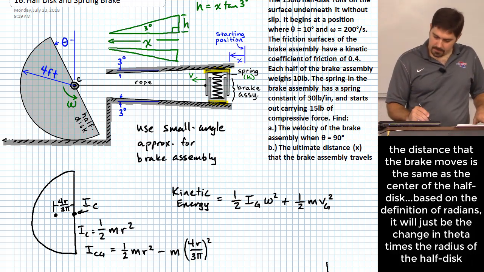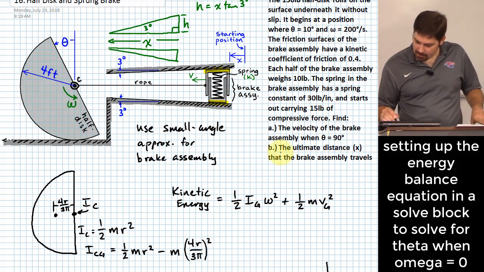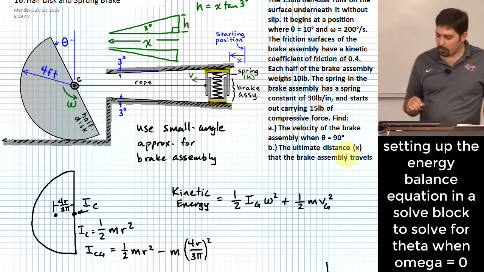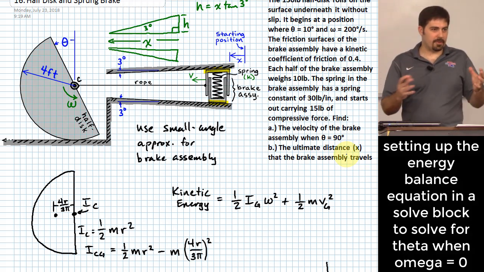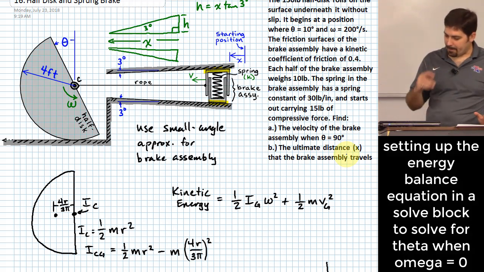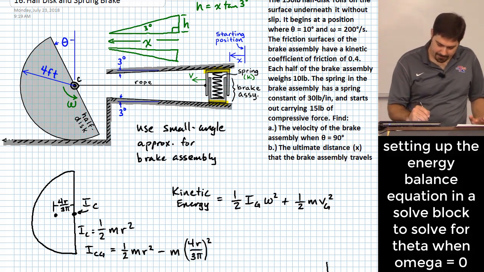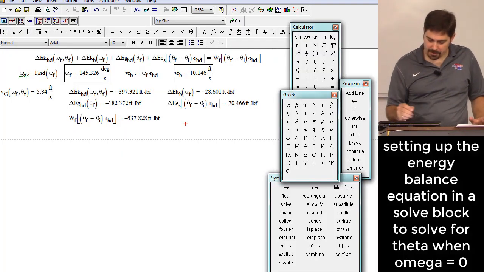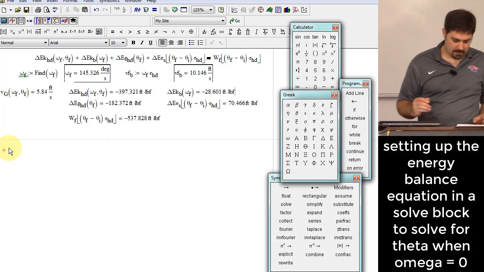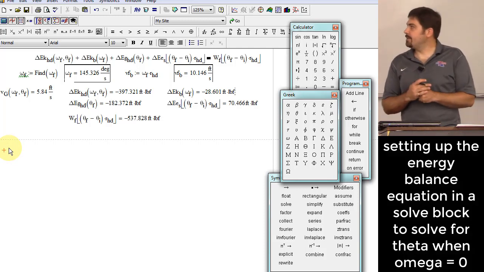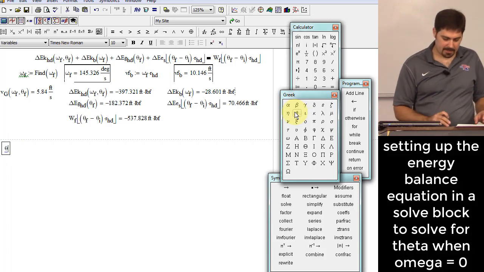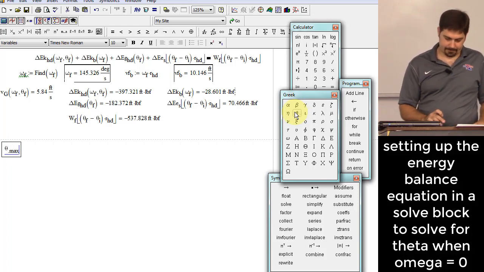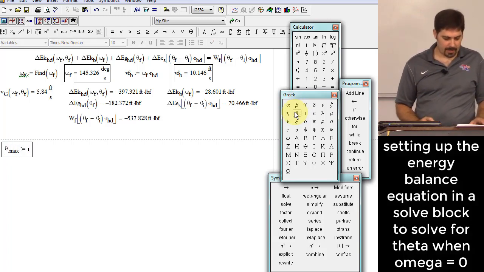All right, so the next part of this is how far does this thing ultimately go before it runs out of steam, right? Before all the energy is spent. And so what we'll do there is we'll do another solve block, okay? What we're trying to find is a new theta. So let me call this one theta max, okay?